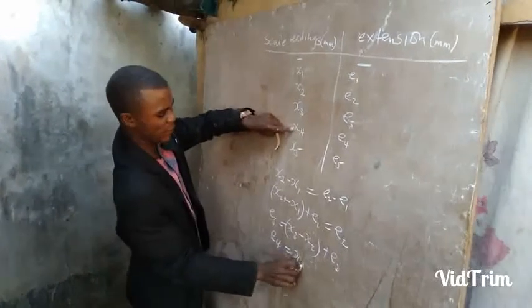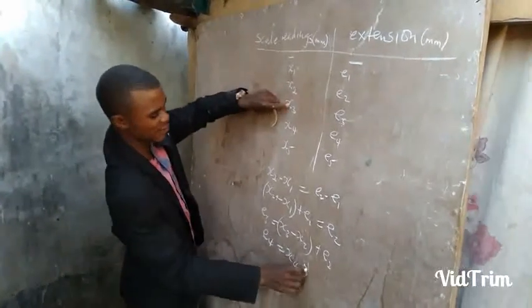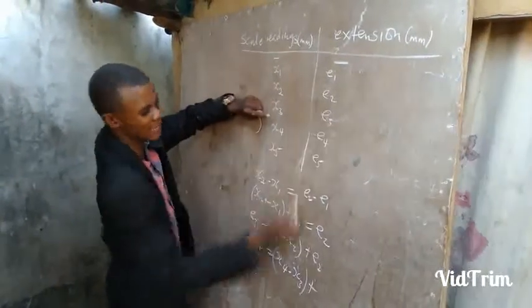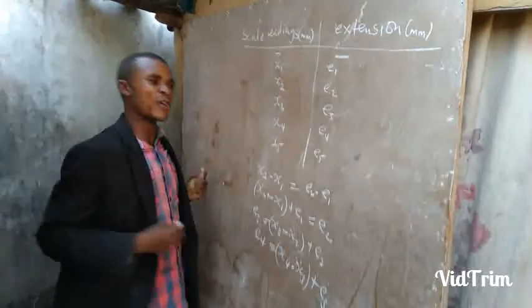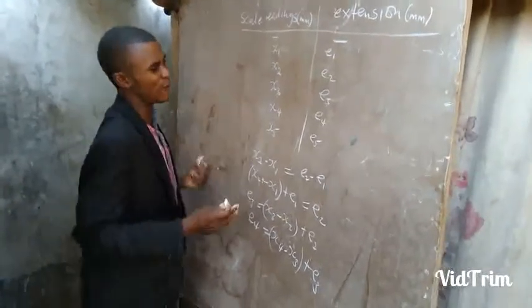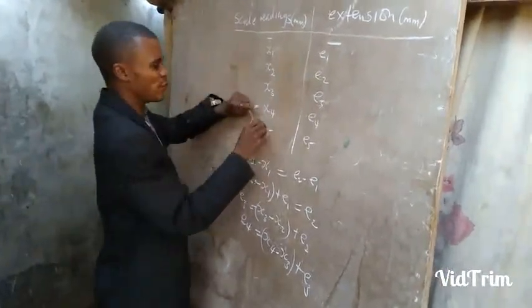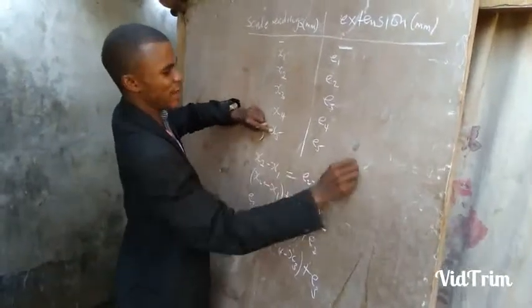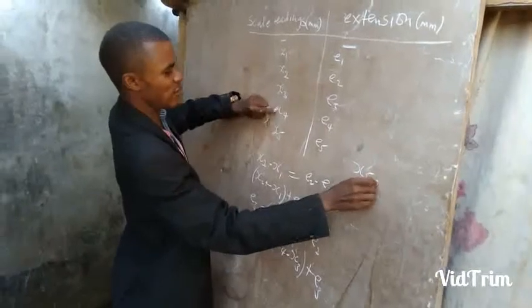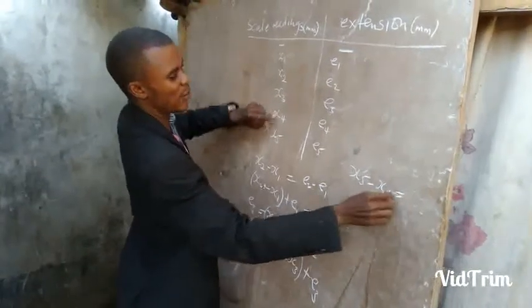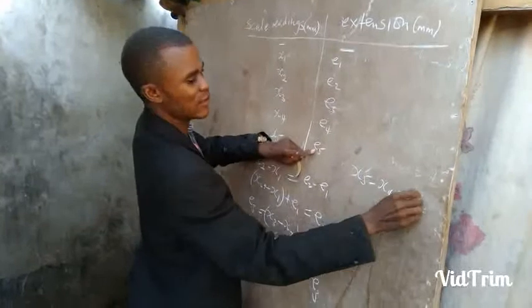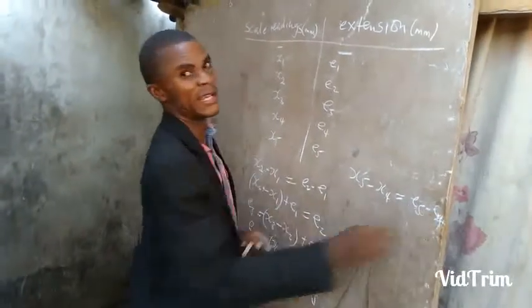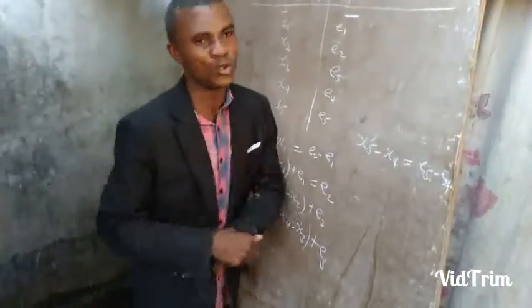That becomes x4 minus the value on top of that, which is x3, plus the value above the extension required, that is E3. So in simple terms, if you are confused, you take 1, 2 at a time. If you take this and this, just say x5 minus x4 corresponds to E5 minus E4. Even if it takes you a day to understand that, make sure you do.